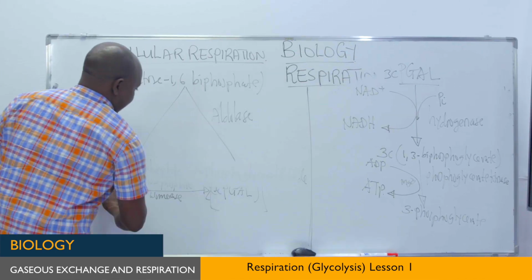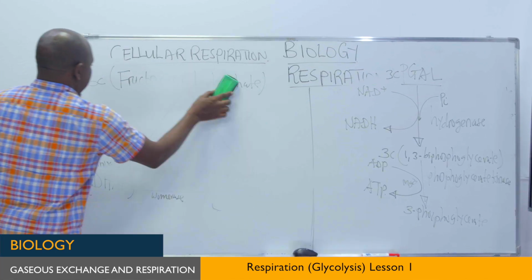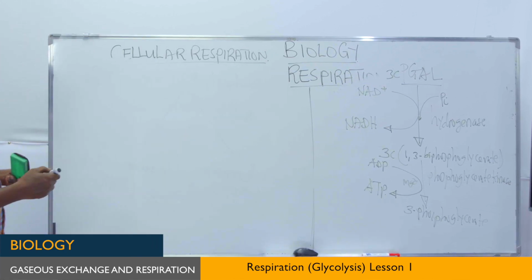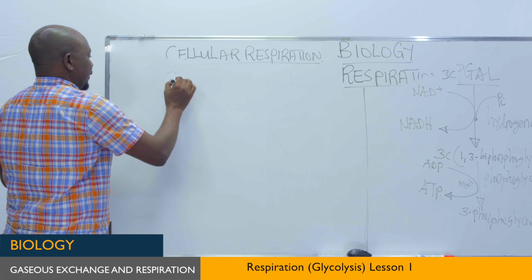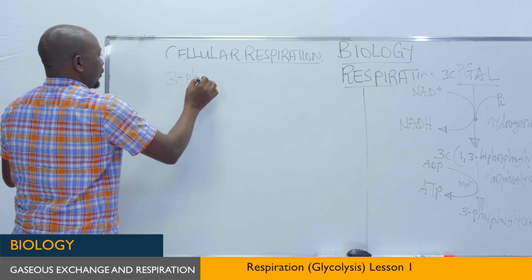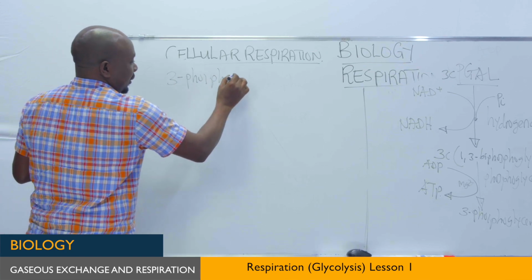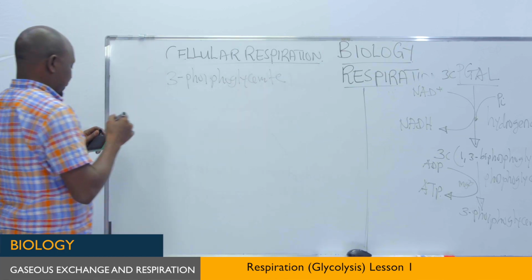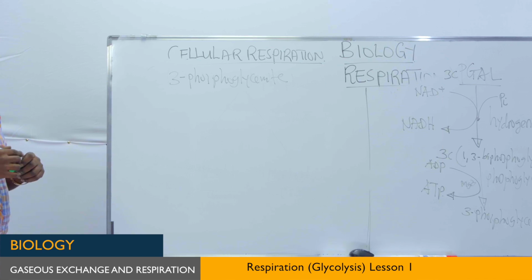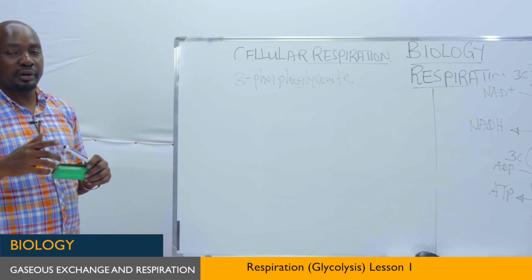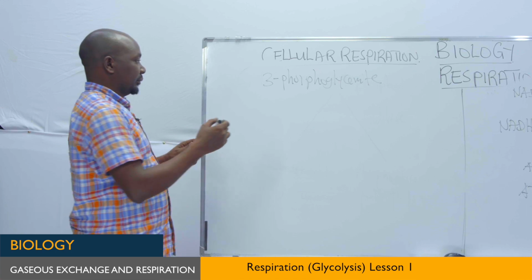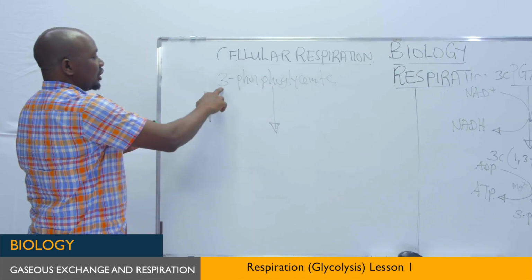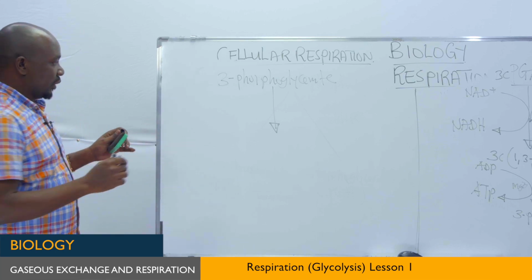Next, the 3-phosphoglycerate undergoes isomerization or rearrangement of the molecule. And what changes is the position of the phosphate group.